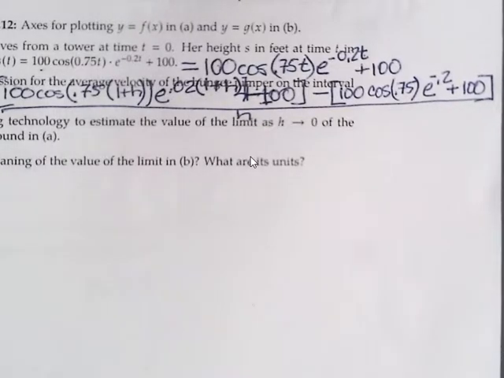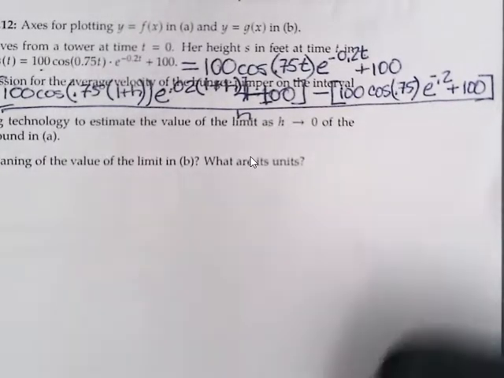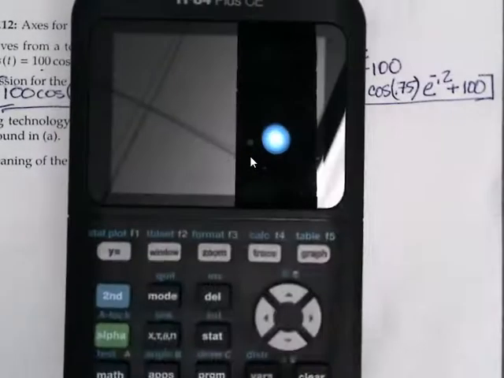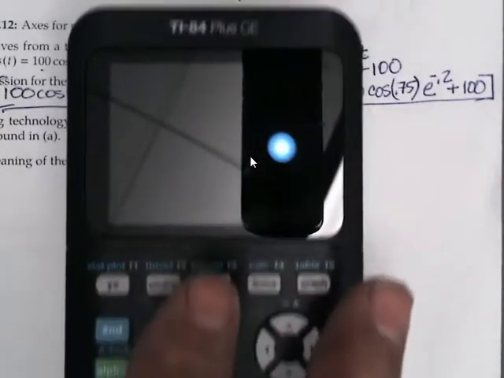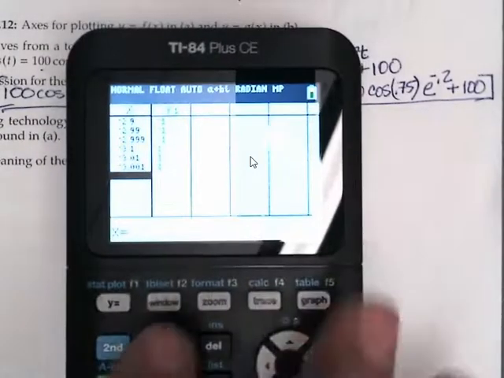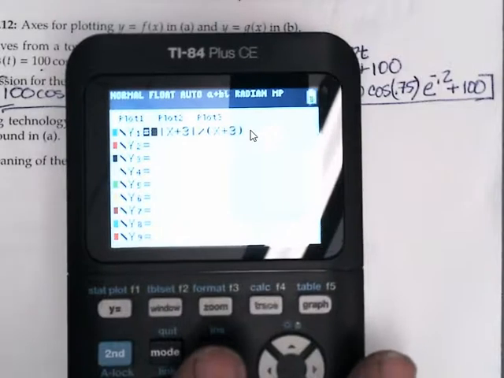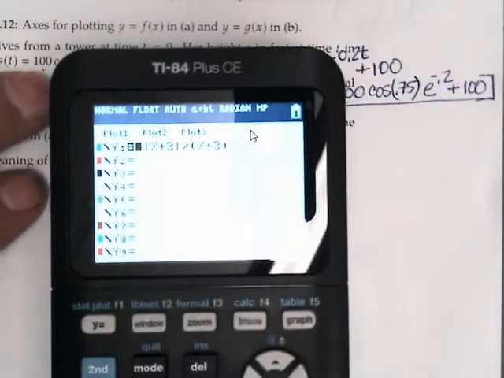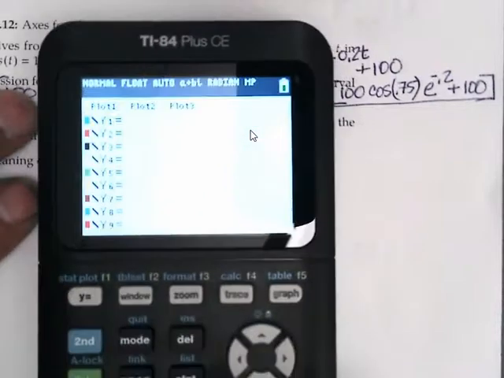And then you would use technology, and I'm going to do a shortcut for this. So turn it on. I'm going to clear this just in case you want to use the shortcut.